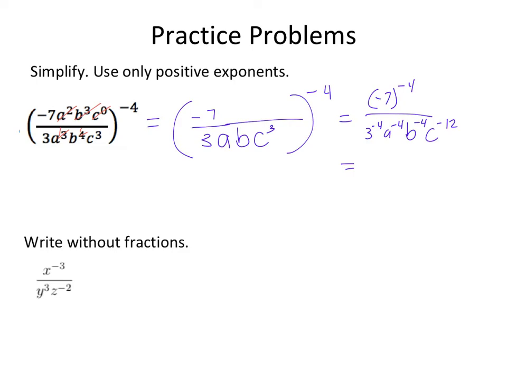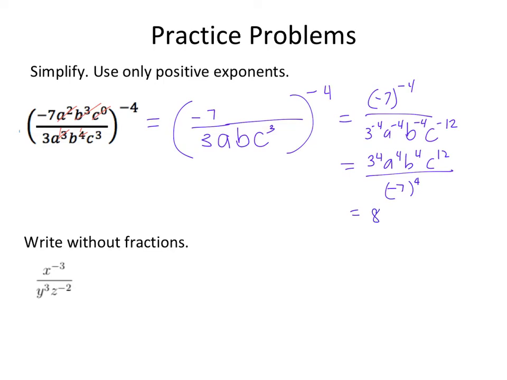So we have 3 raised to 4, a raised to 4, b raised to 4, c raised to 12 over negative 7 raised to 4. From there, I'll evaluate my numbers. So 3 raised to 4 is 3 times 3, 9 times 3 is 27, times 3 is 81.